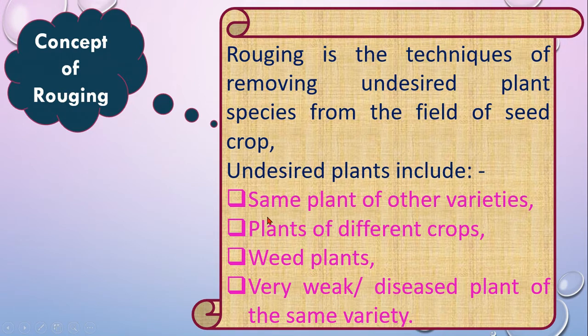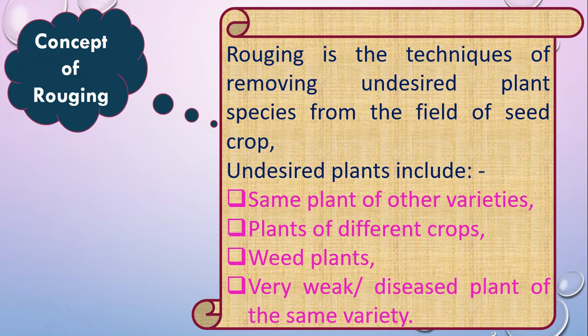So what will be the undesired plants in the seed crop field? First one is some plants of other varieties, then plants of different crops, then weed plants, then very weak or diseased plants of the same variety. These all are undesired plants in a seed crop field. So we have to remove these to maintain the quality of the seed.